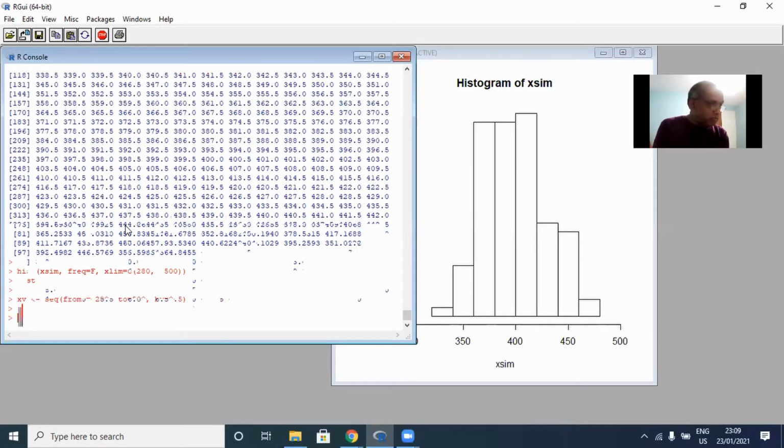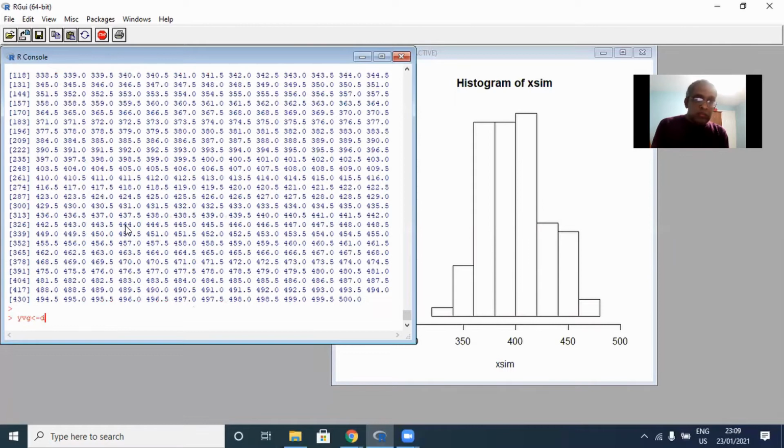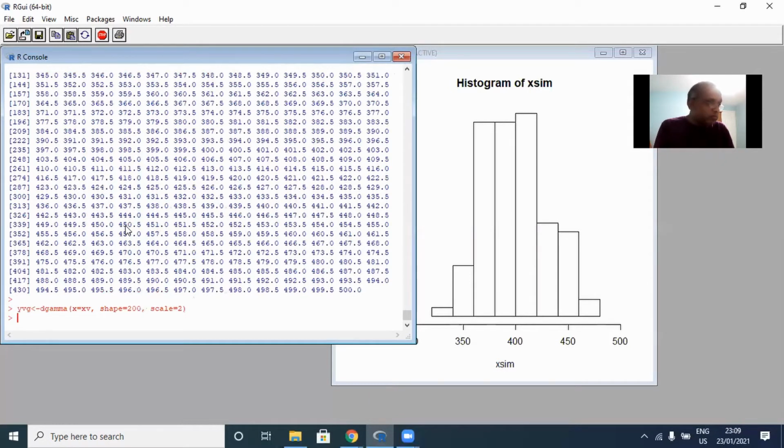There are too many of them. Then I'm going to create an object called yvg, which are the density of the gamma distribution at xv with shape parameter equal to 200. Remember, we took the shape parameter to be 200 and scale parameter to be 2 when we simulated the data. So this is yvg.